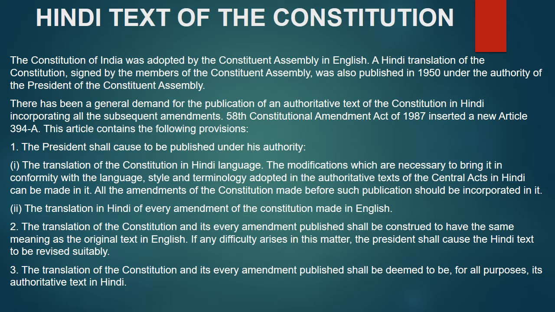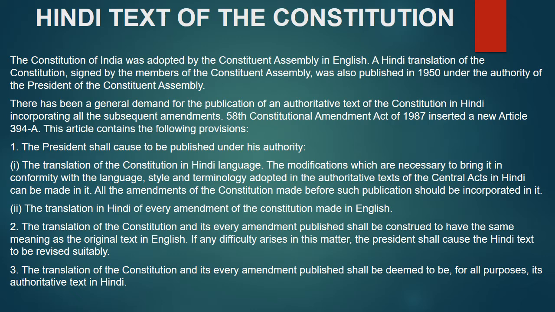So there has been a general demand for the publication of an authoritative text of the Constitution in Hindi, incorporating all the subsequent amendments, because those amendments were later not implemented properly in the Hindi version.